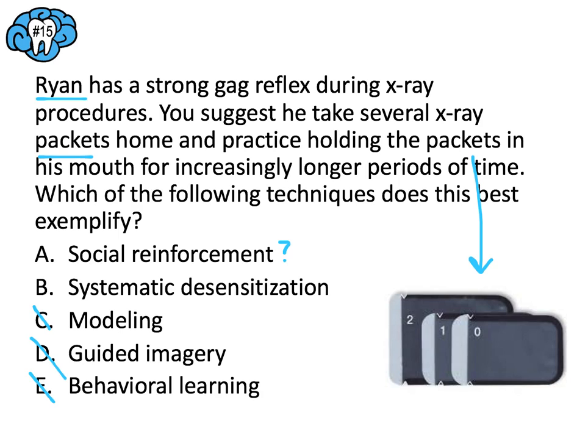That's the actual definition. In layman's terms, that means you're starting from something less scary and building up to something more scary. So for this patient, if they have a strong gag reflex, a lot of that can be physical. It can be physical stimulation of the nerve, but there's also a psychological component.